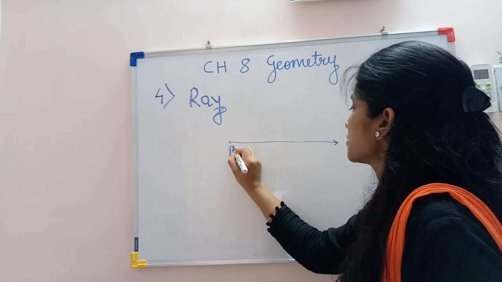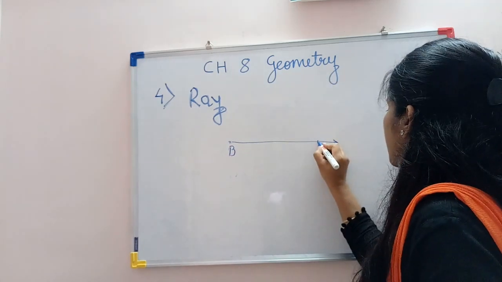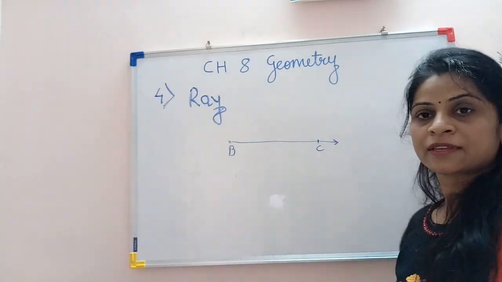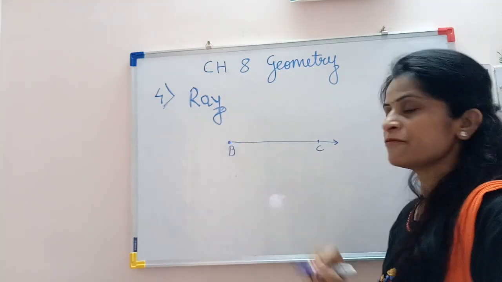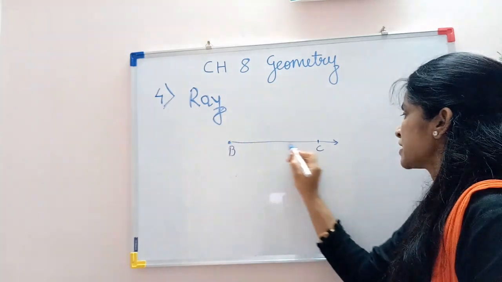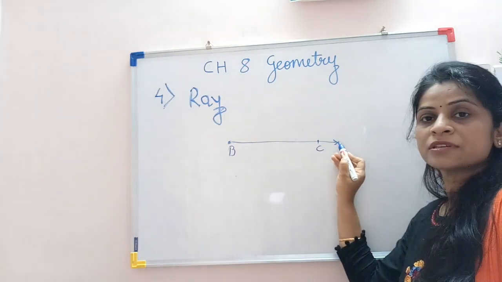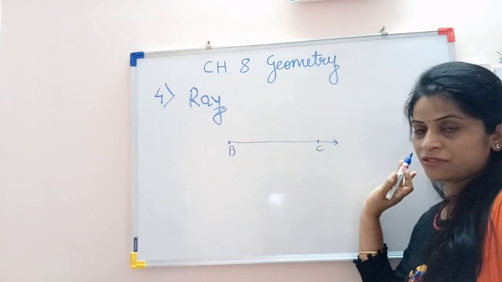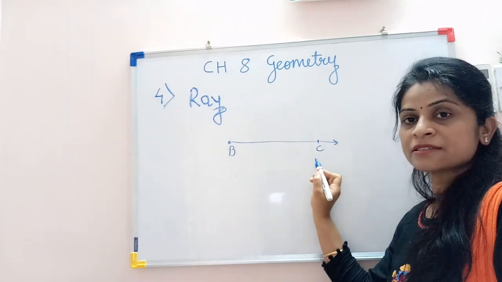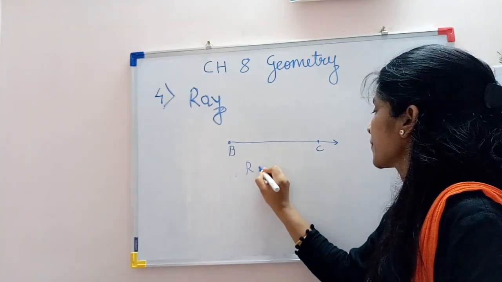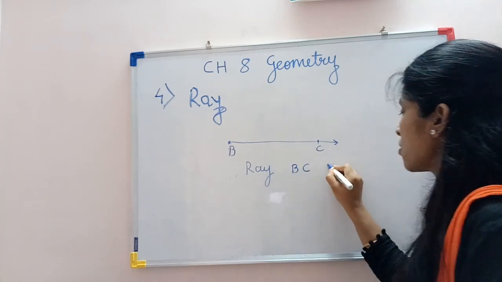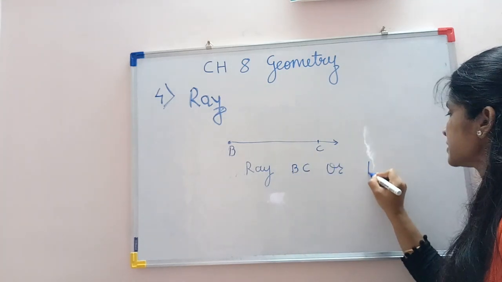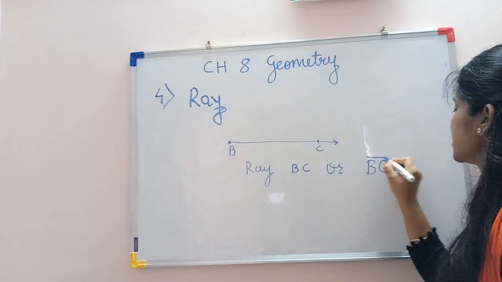See, it has point B and another point C. This is ray which has one endpoint and on the other side it goes endlessly in one direction. How to read this? Ray BC, or we can write it as BC with the symbol of ray on it.